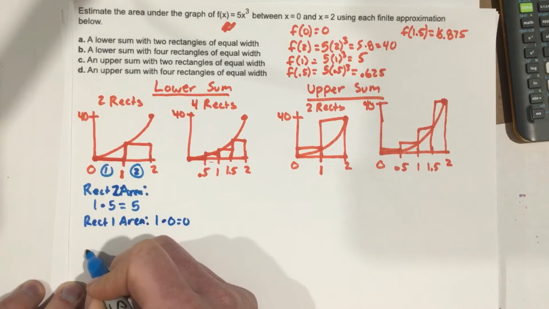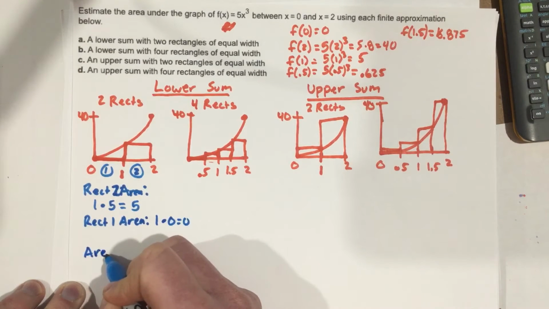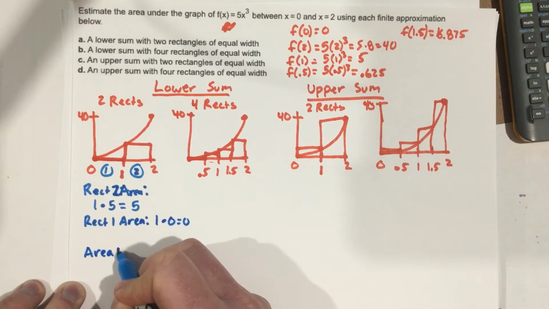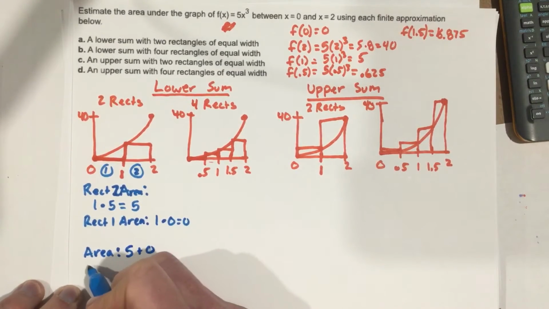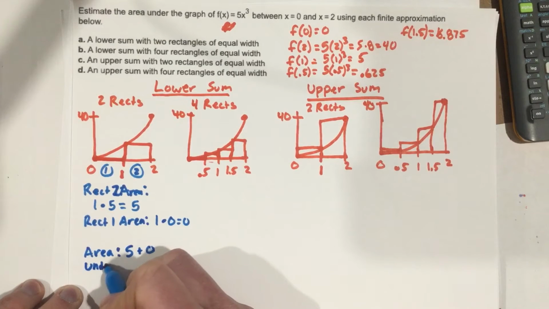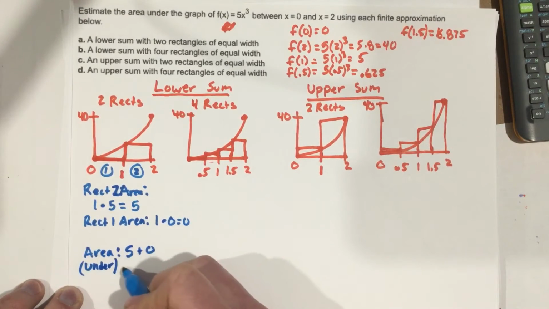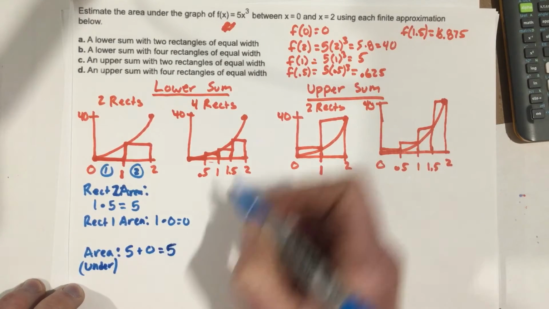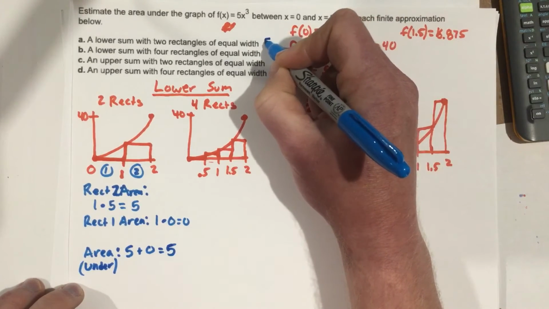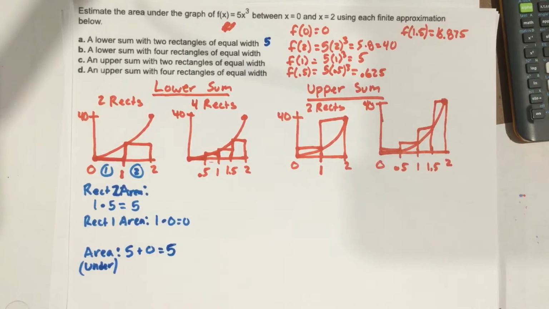So when we find the actual area here, we're going to have the total area being 5 plus 0. Now this is area under the curve. So 5 plus 0 is 5. And we can write that for the lower sum, we're going to get an area of 5.